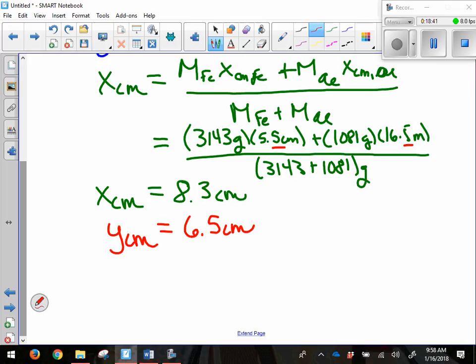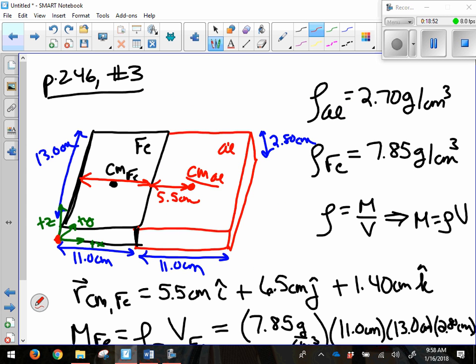It's the same for both objects. They're already along a line in the y direction. Even though it looks like these centers of mass are in different places, if I was only looking at the y direction, they're in the same spot already.